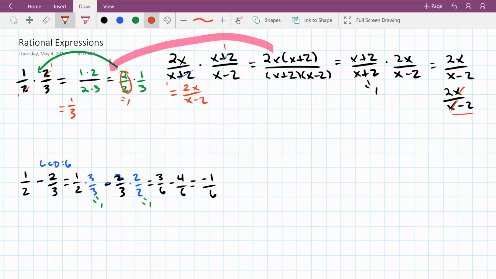That's subtraction. Another way to verify that this doesn't work: if they canceled, what's left? I guess 2 in the numerator and negative 2 in the denominator, which is negative 1. Before I get too far, I'm going to cross this out.